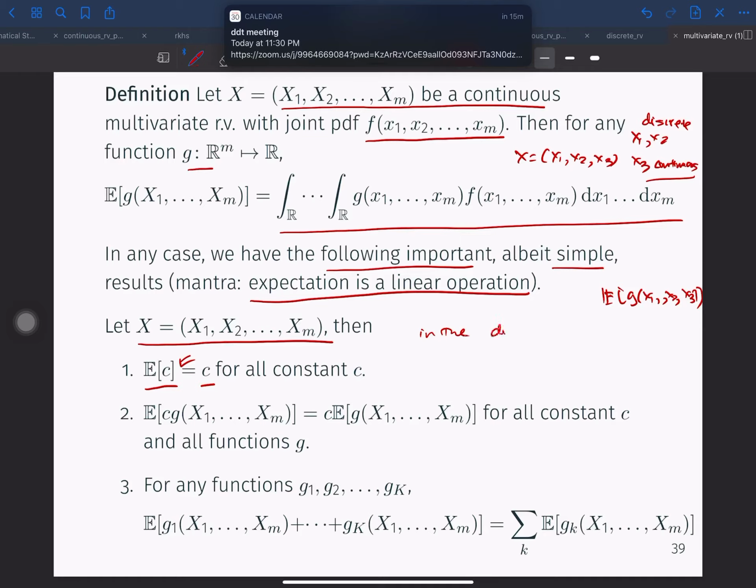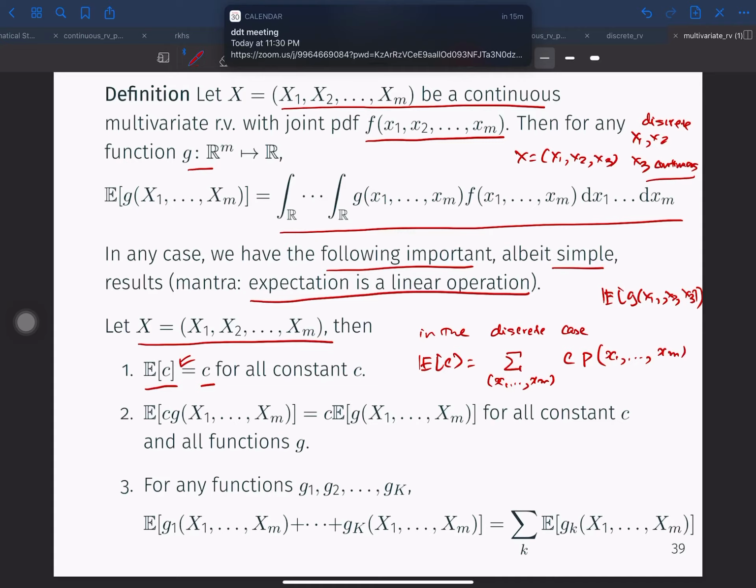Well, what this means is that suppose, for example, in the discrete case, the expected value of c is written as the summation over x1 up to xm of c times the joint PMF p(x1 up to xm).